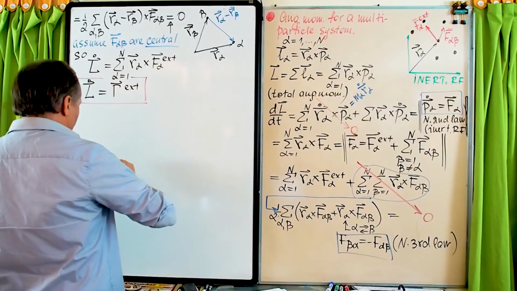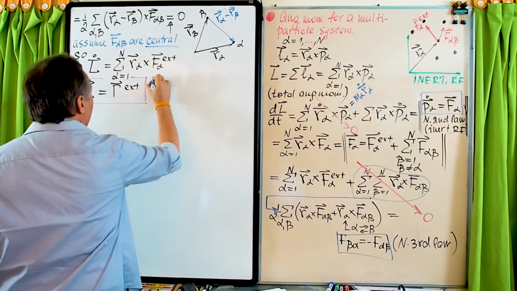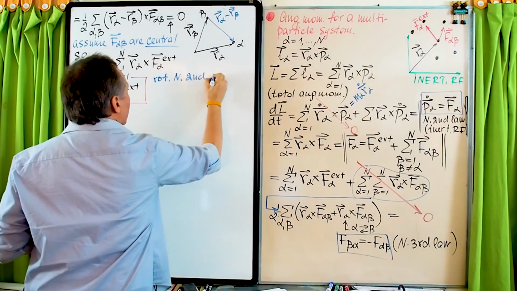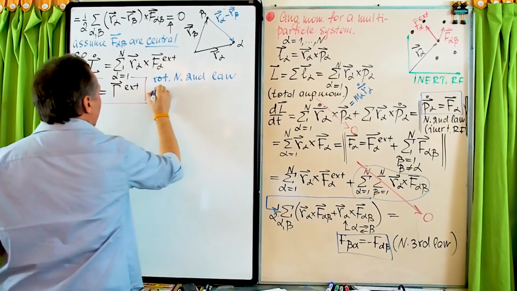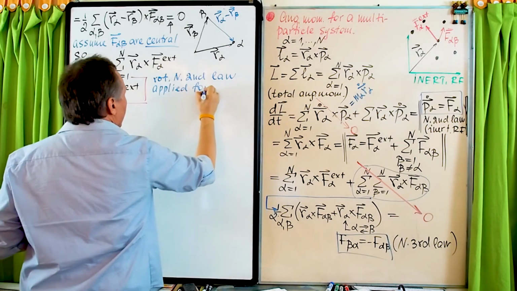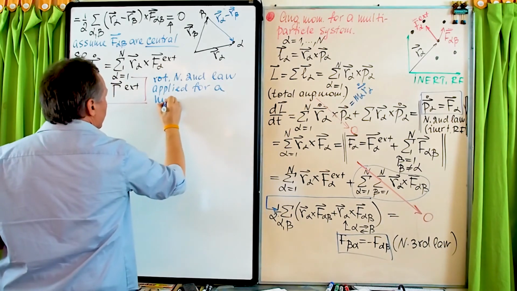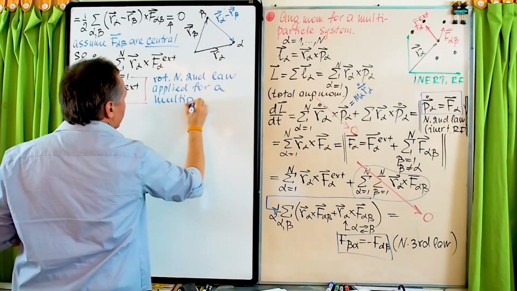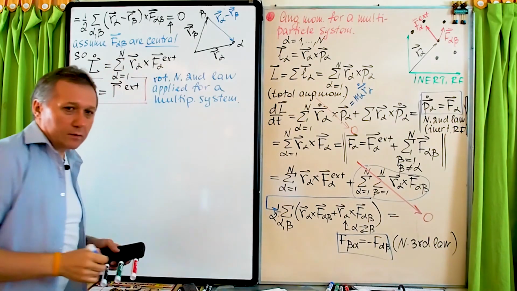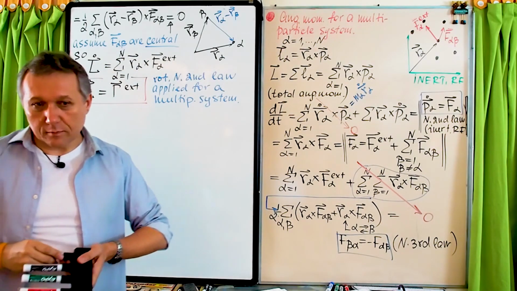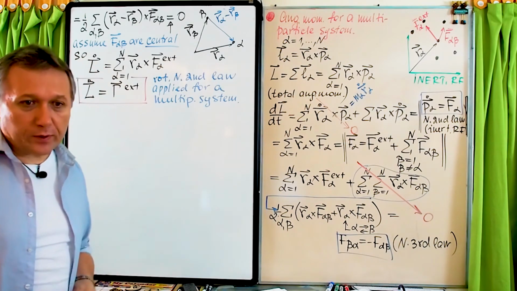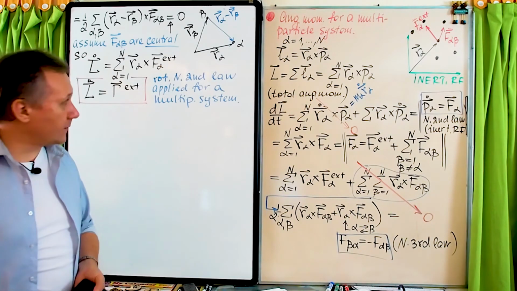Okay, let me write something. So it's the rotational Newton second law applied for a multi-particle system. Because again, Newton's second laws, rotational or translational, were introduced for point masses, for a single particle.